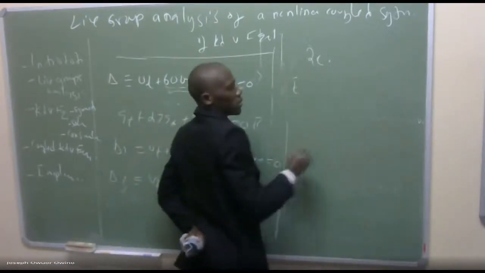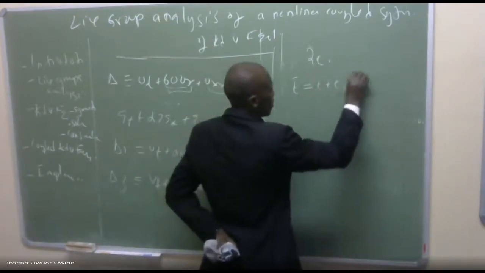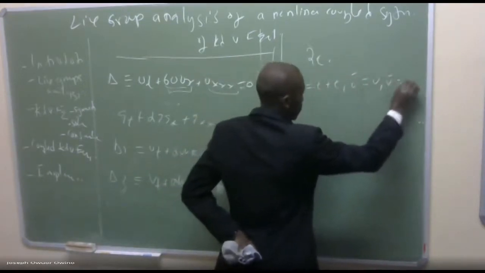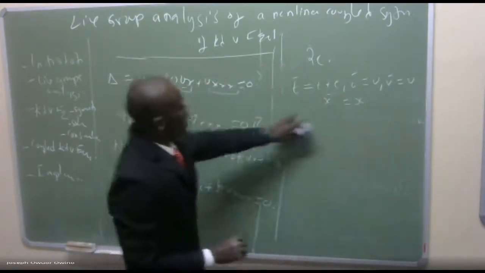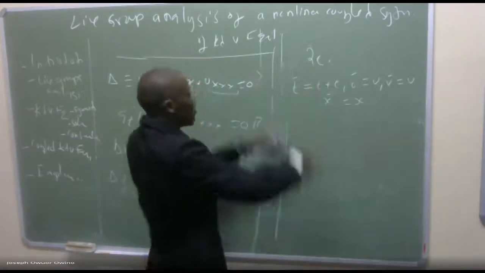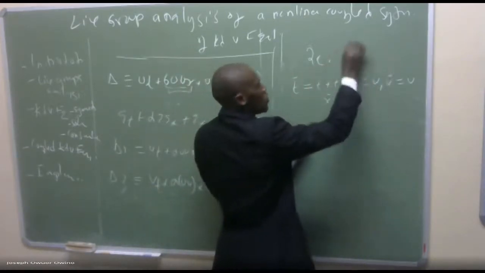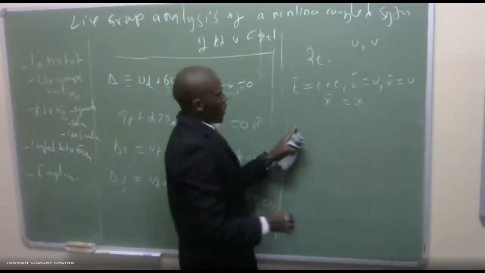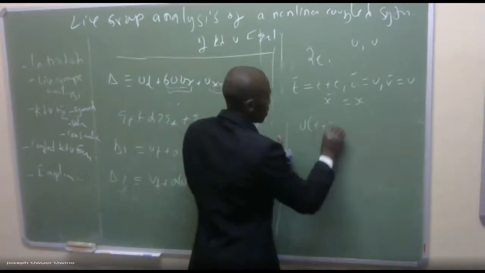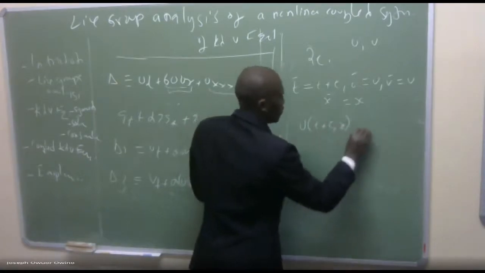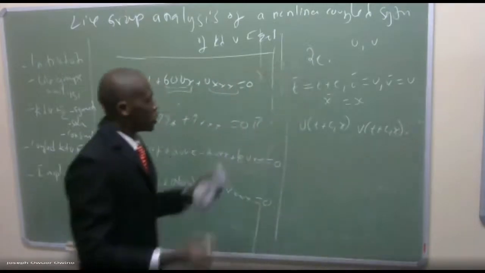I solve the same Lie equations and I get that u and v are transformed, while x is not transformed. So in the same way, if I have some arbitrary solutions u and v, then the functions u of t plus epsilon, x, and v of t plus epsilon, x will also be solutions.